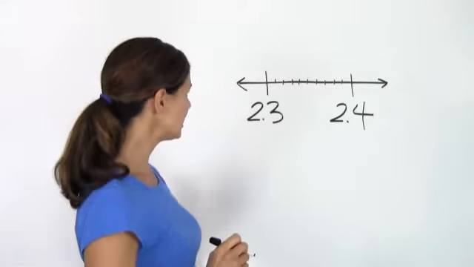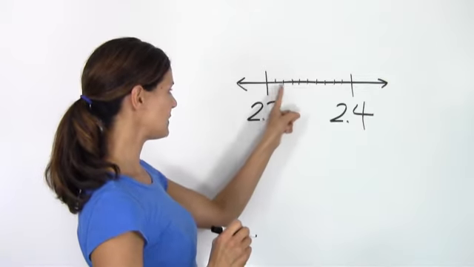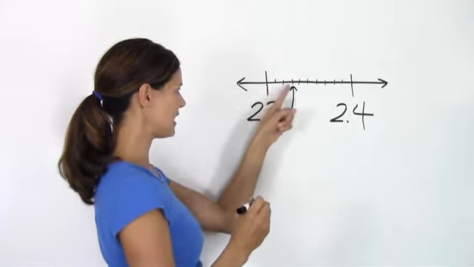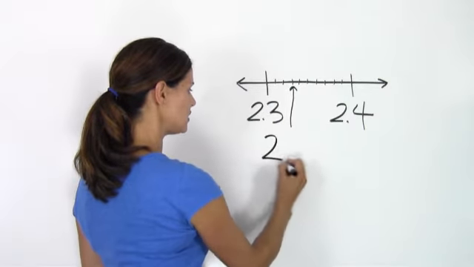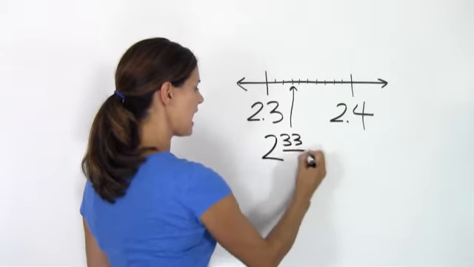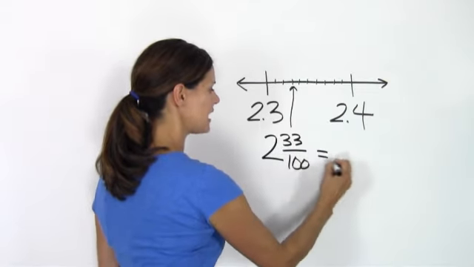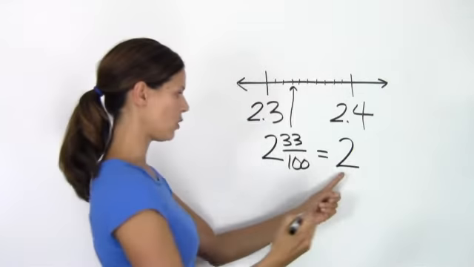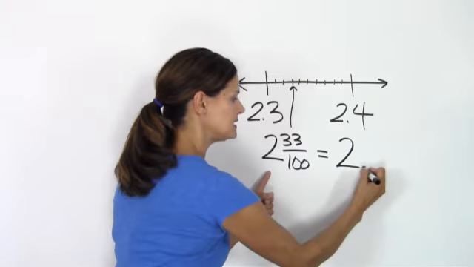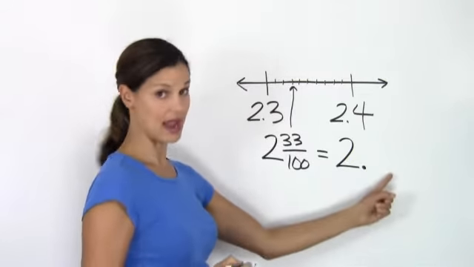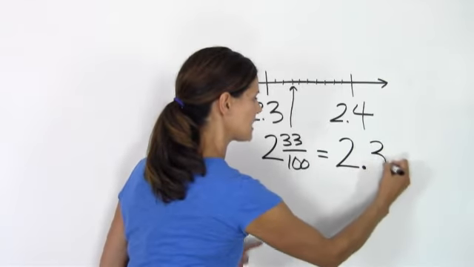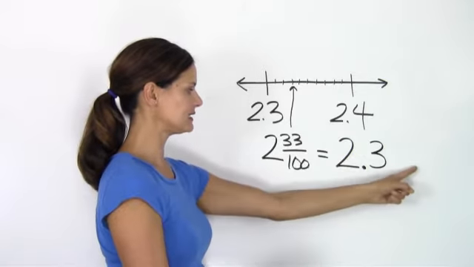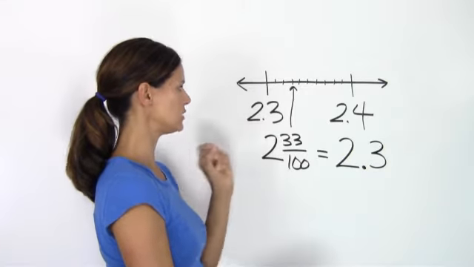And so if I were to look, for example, at the point 3 spaces to the right of 2 and 3/10, right here, I'm now at 2 and 33/100ths. And to write that as a decimal, I would write 2, so I still keep my whole number here, and then I put my decimal point, and then to the right of the decimal, I put my 3, for my 2.3 that we talked about already, and then the next space here is the hundredths place.